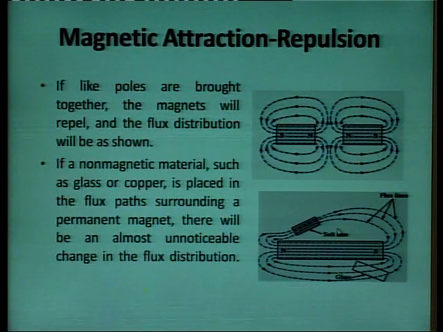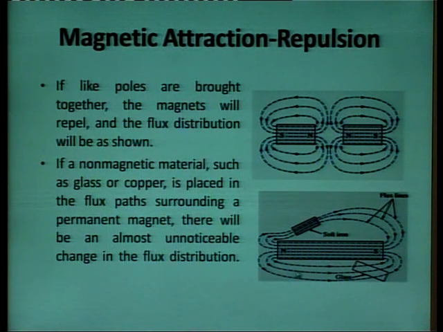And also if we put any soft iron or glass piece, this is the diagram in which the soft iron piece and the glass piece are put over here. If a non-magnetic material such as glass or copper is placed in the flux paths surrounding a permanent magnet, there will be an almost unnoticeable change in the flux distribution, because as we can see, this is the glass put over here.